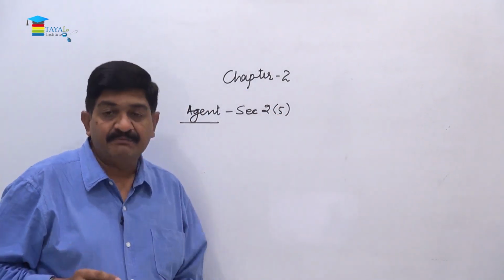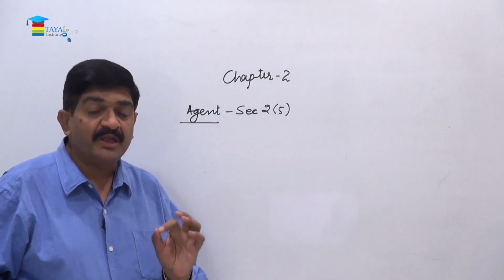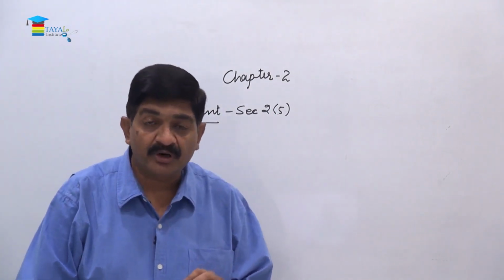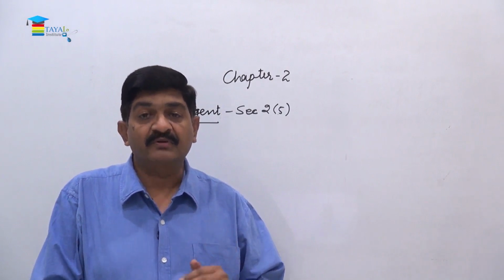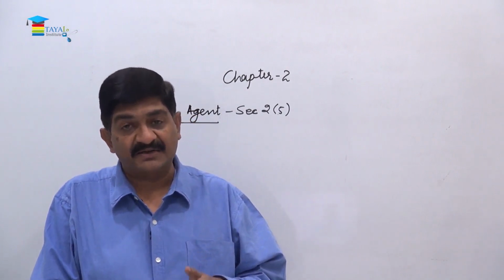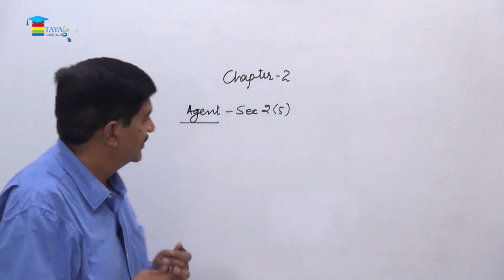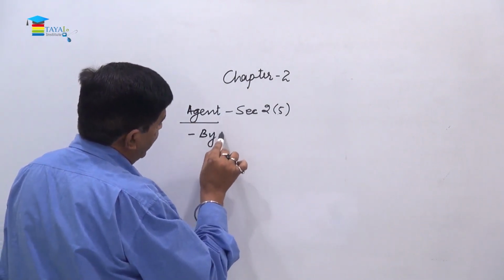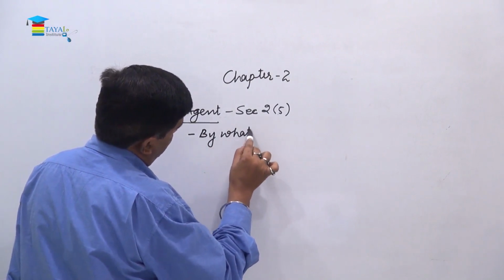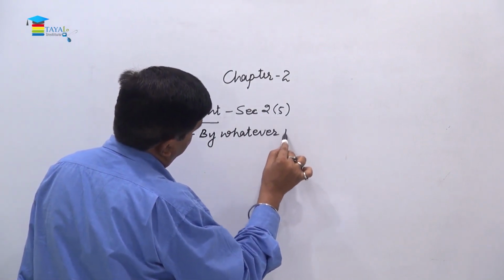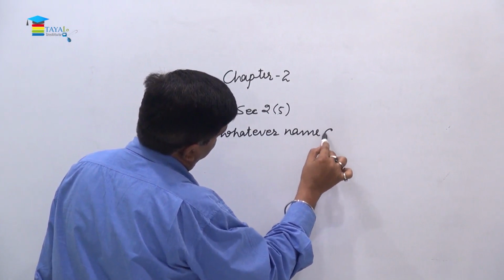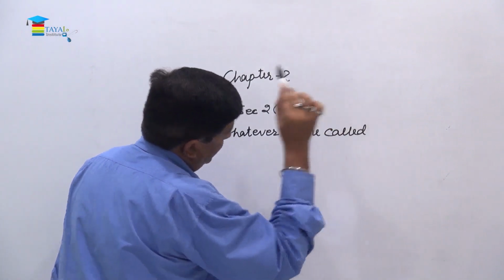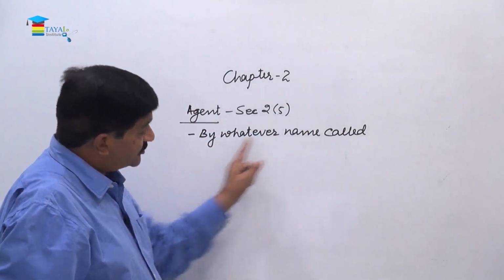The very first important thing is the name given to the person. That is not important, whether he is called a broker or an agent or referred to as a factor or whatever name is given. So by whatever name called, this becomes important.